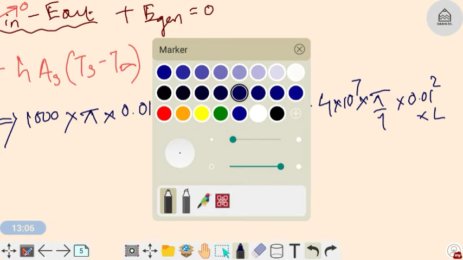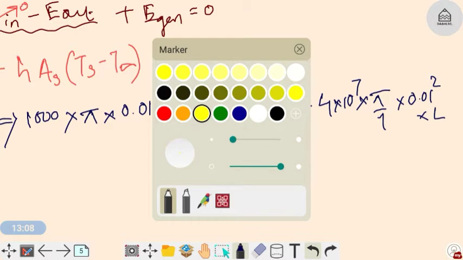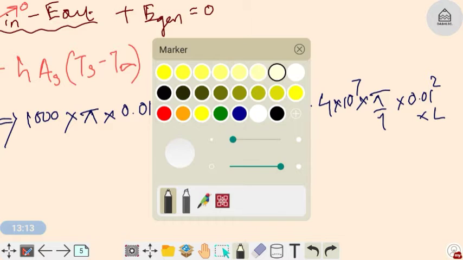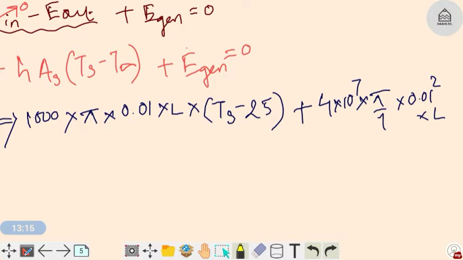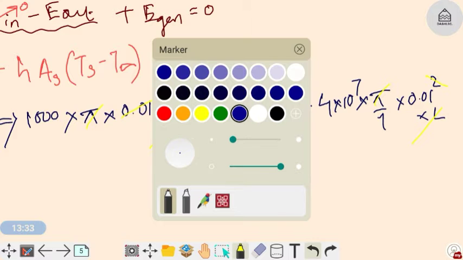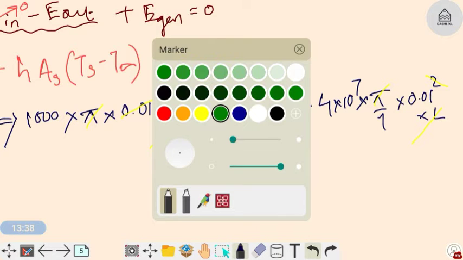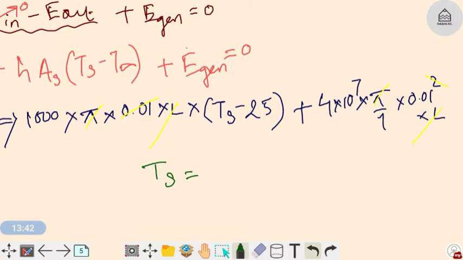So from both sides, let's cancel out some terms. Pi and pi gone. 0.01 with 0.1 power it will take, L will go on with this. Now if we solve, there is only one unknown, and we can find it from here.